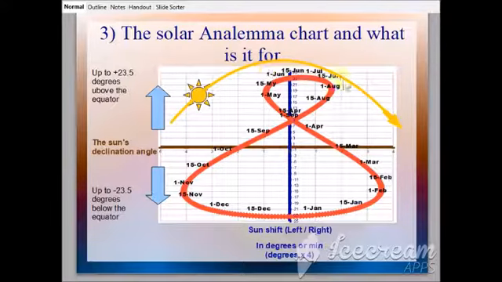It still didn't cross the south. 1 degree equals 4 minutes, so you'll have to wait another 4 minutes. So the solar noon on the 15th of September would be 12:04.